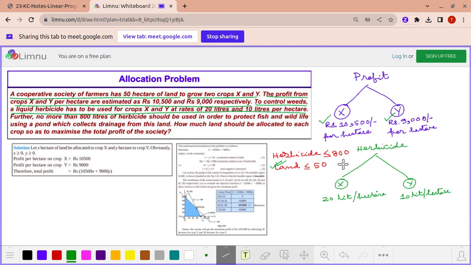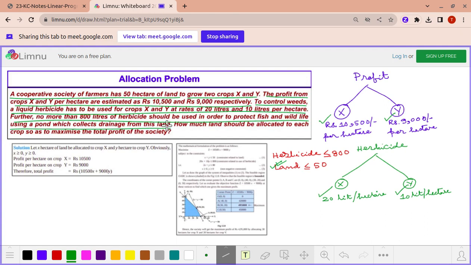So that is a restriction here. That is not a restriction. That is a requirement here. To control weeds, 20 liters per hectare is to be used for crop X and 10 liter per hectare for the crop Y. But the restriction is the maximum usage of the herbicide. Further, no more than 800 liters of herbicide should be used in order to protect fish and wildlife using a pond which collects drainage from this land.